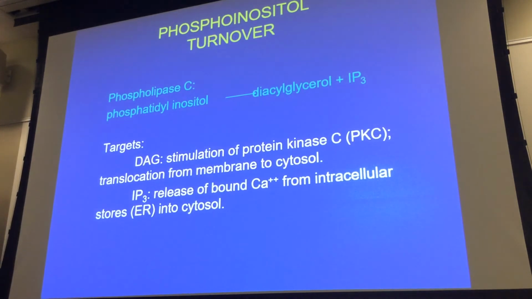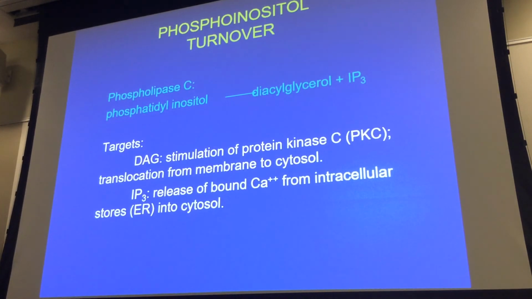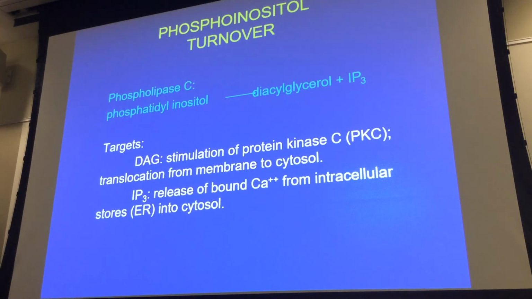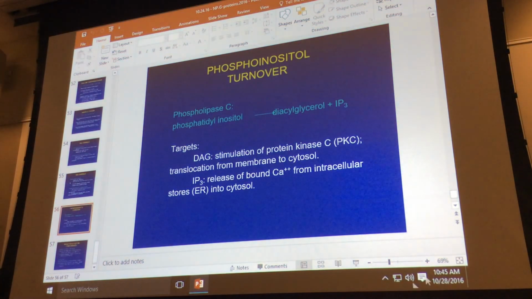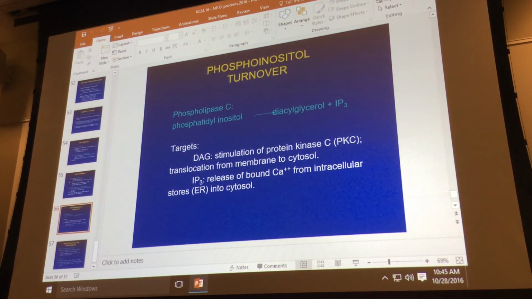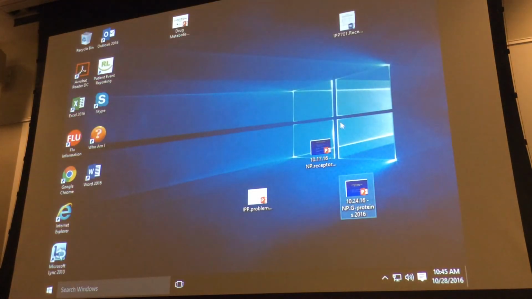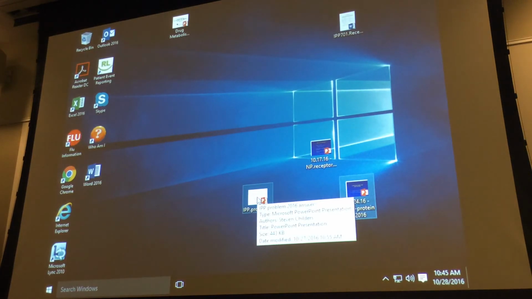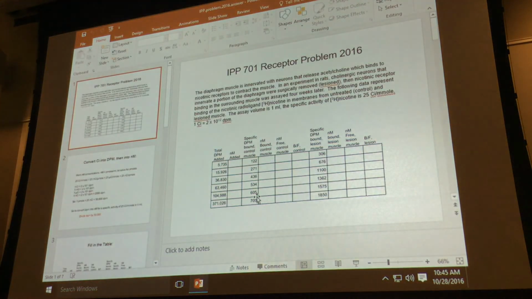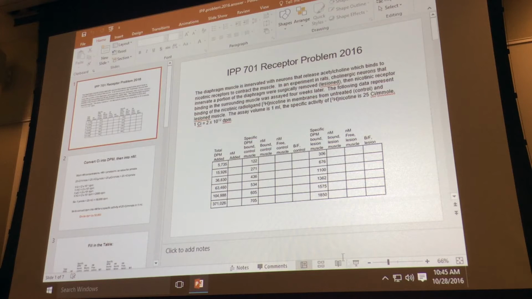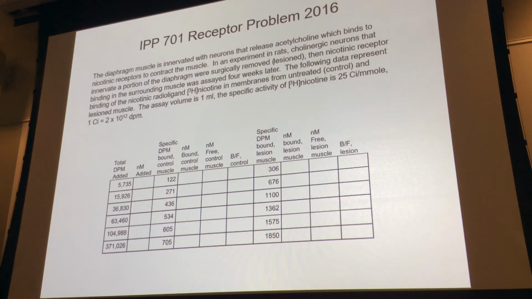So I want to, if I can get this to work, spend 10 minutes or so talking about the homework. As I said earlier, I really consider this sort of problem a learning mechanism, so if you turn something in, you'll get all kinds of partial credit.